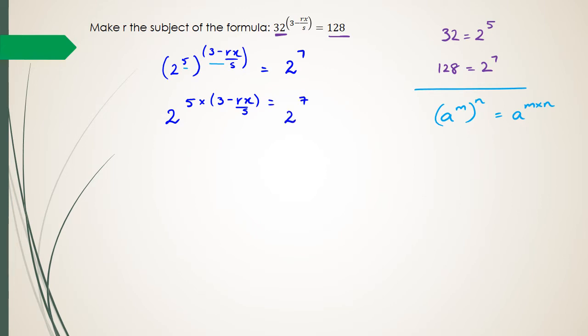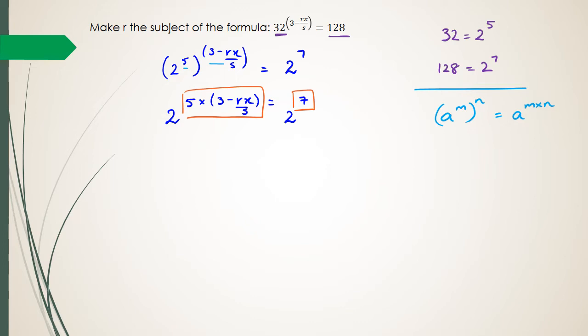At this point, because I have 2 as the base on both sides and it's only one element, I can say that this power here should equal 7, because 2 to the power of something should equal 2 to the power of something.